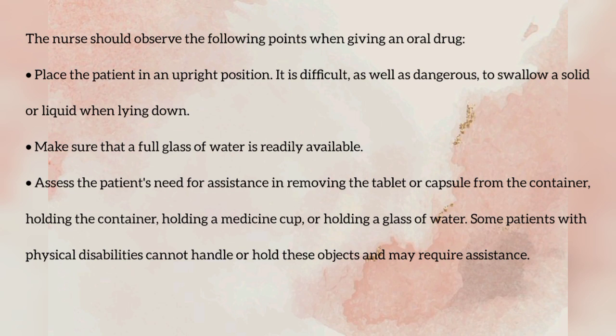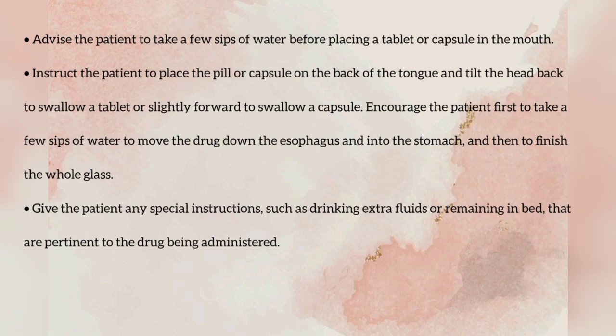Assess the patient's need for assistance in removing the tablet or capsule from the container, holding the container, or holding a glass of water. Some patients with physical disabilities cannot handle these objects and will require assistance. Advise the patient to take a few sips of water before placing a tablet or capsule in the mouth.